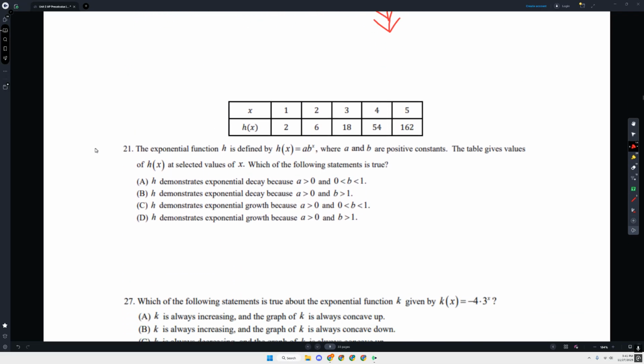So for 21, I will give about a minute or two to solve this.